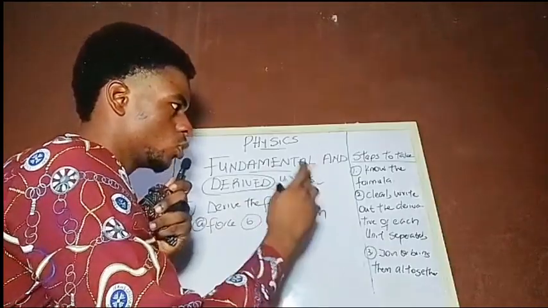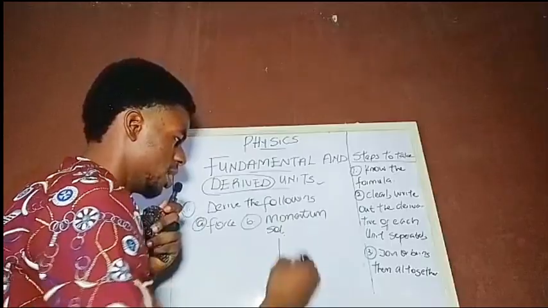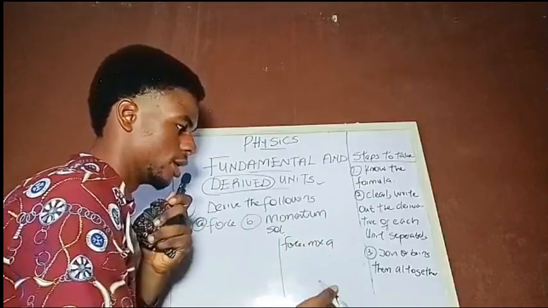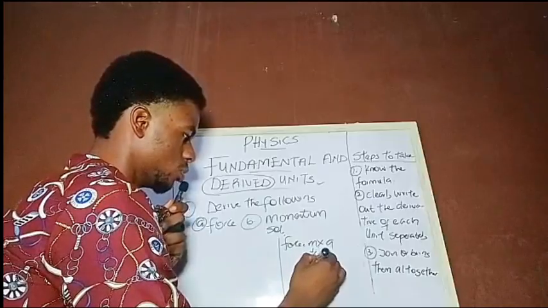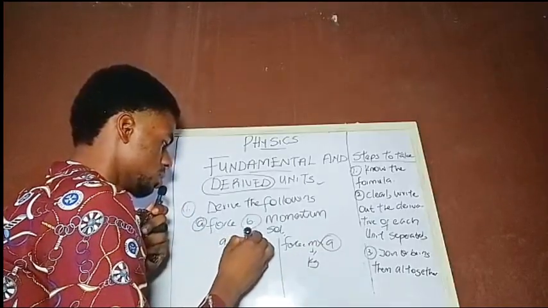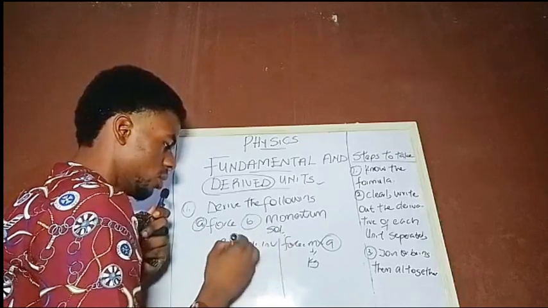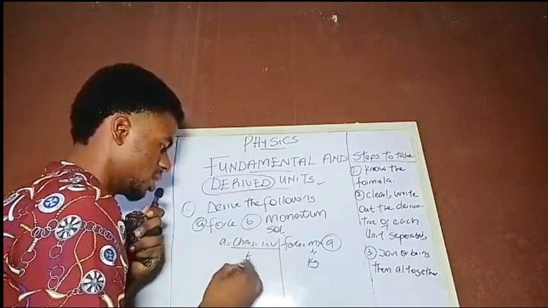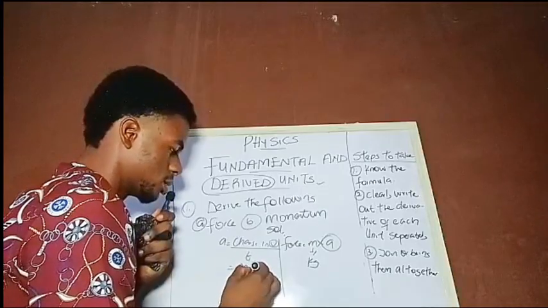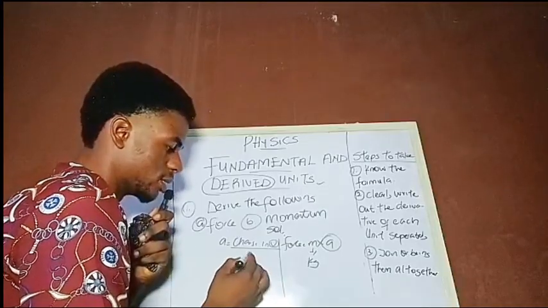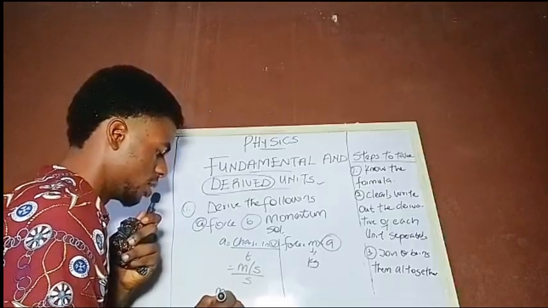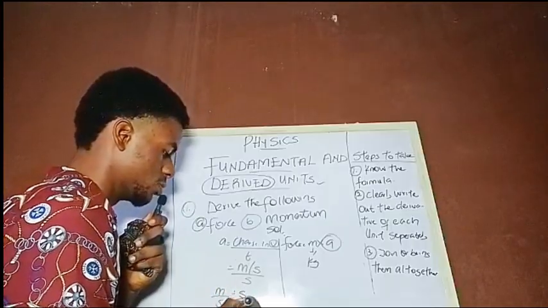So, know the formula. Force is mass times acceleration, right? Our mass is kilogram. Acceleration is change in velocity over time. Our velocity is meter per second, divided by time, which is second.